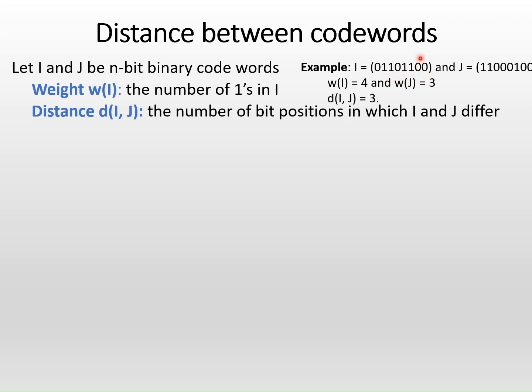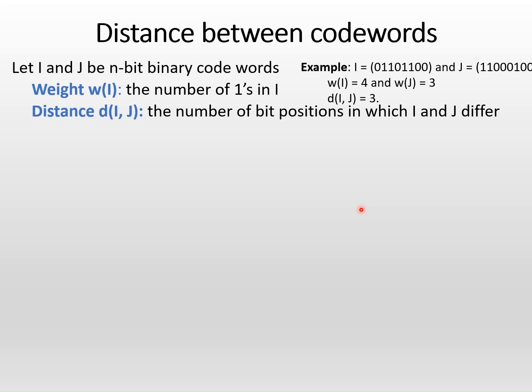What is the weight of i? The weight of i is 4, and the weight of j is 3. You can check in how many bit positions they are different. They differ in the first bit position, the third bit position, and the fifth bit position. So the distance between these two code words is 3.